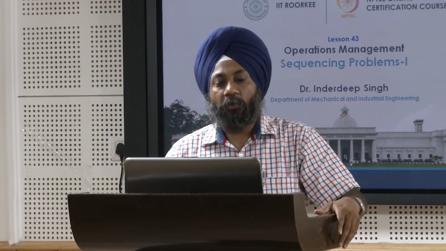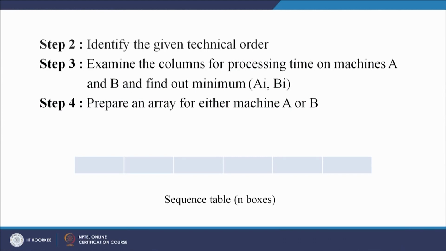For example, the simplest can be that first the operation has to be done on machine 1, followed by the operation on machine 2. Examine the columns for processing time on machines A and B and find out the minimum, that is AI and BI.